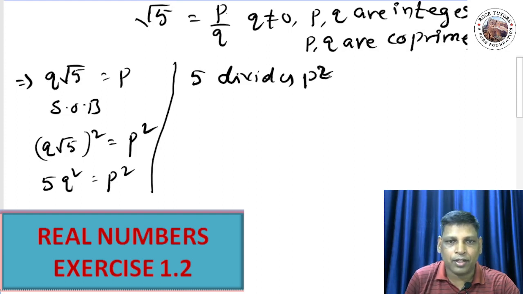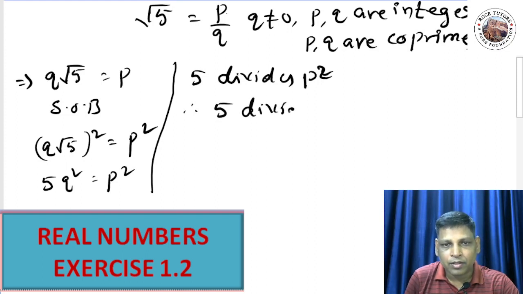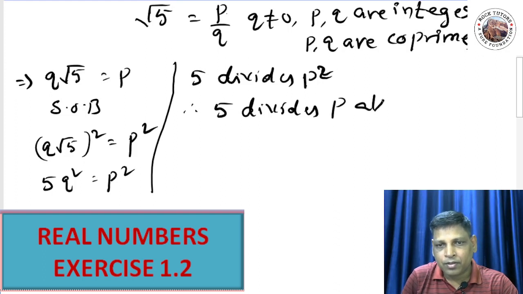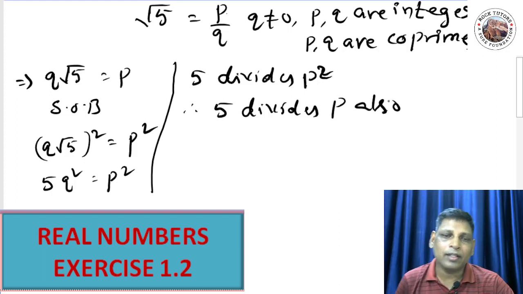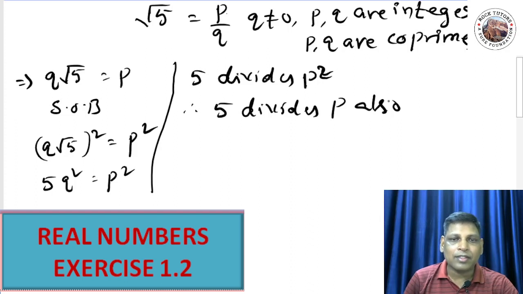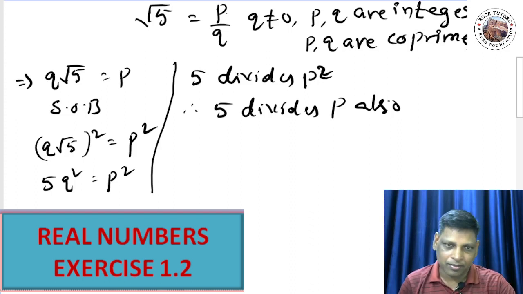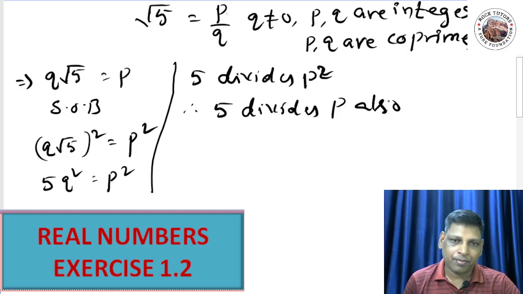So therefore, we can say that 5 divides p also. You remember one thing, that means 5 is a factor of p. That means p is a multiple of 5.